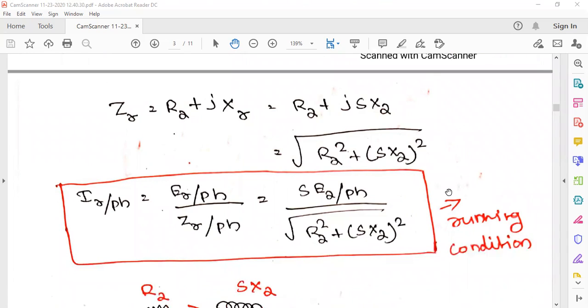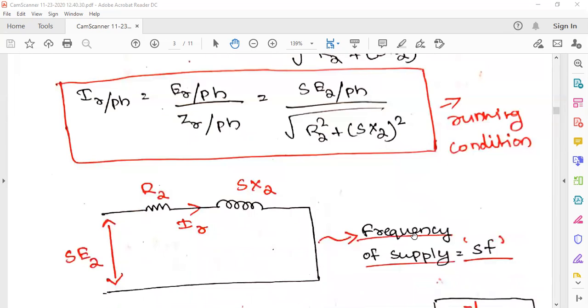So what will be the final current? EMF divided by total impedance. It will be S E2 per phase divided by the root of R2 square plus SX2 the whole square. That is the case in the running condition.